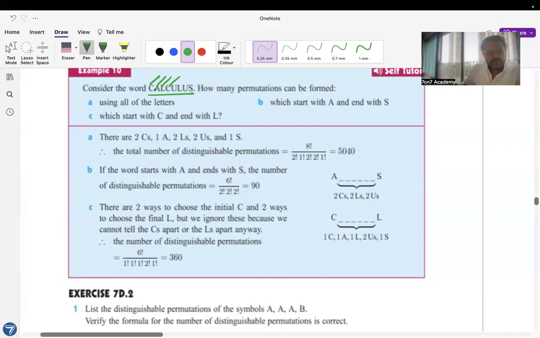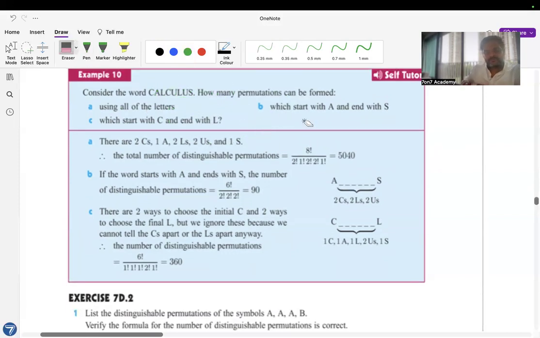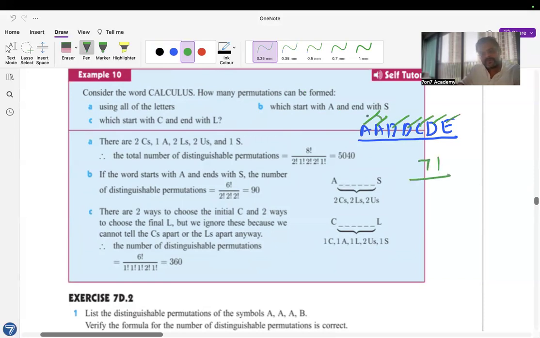When you have to use all of them and there are repetitions, you have different ways of doing it. Just like if you have A, B, B, C, D, E, how many different words can you form? If you take one A, like 1, 2, 3, 4, 5, 6, 7, so 7 factorial out of that. These two are the same, so 2 factorial, these two are the same, then 2 factorial. That's what you have to do.